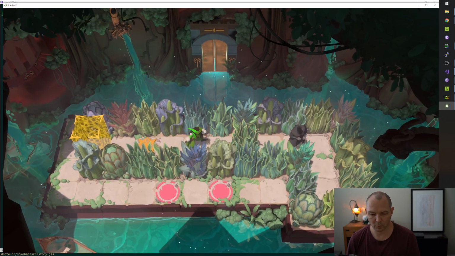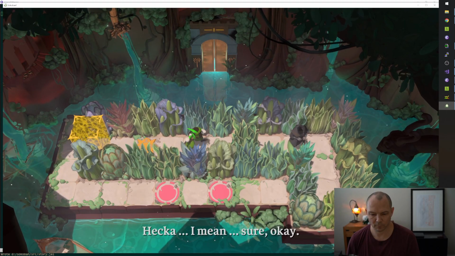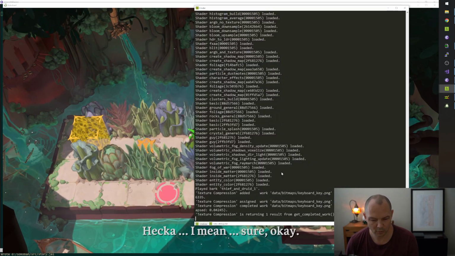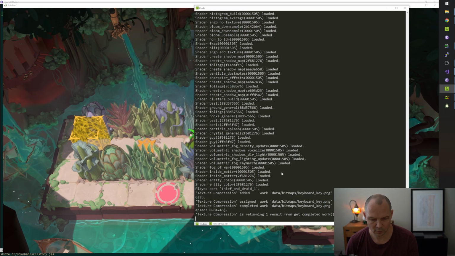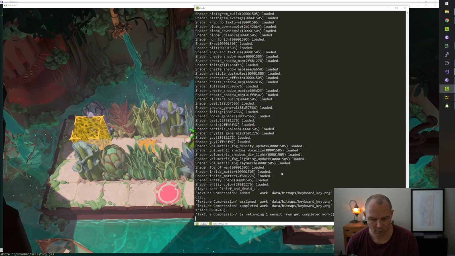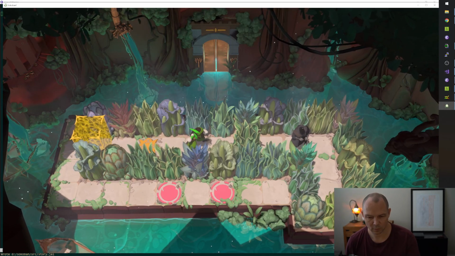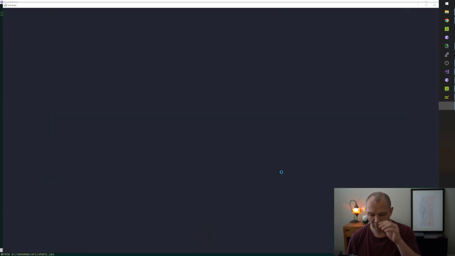Okay, that didn't work. Did it have to do with load? It loaded and compressed the bitmap.